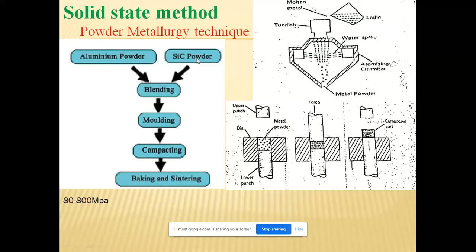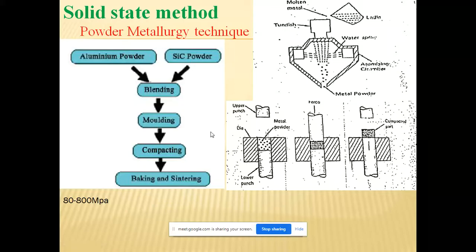We can go for any powder, any kind of material, which means first we need to prepare a powder, and these two powders are blended, which is nothing but mixed together. Then the blended powder should be molded. Then it has to be compacted. Then the process is baking and sintering. This is the actual process of powder metallurgy.